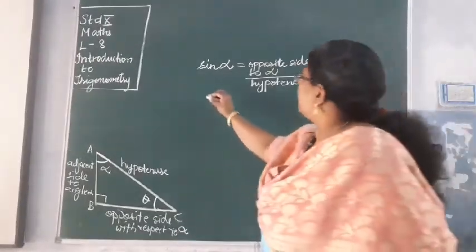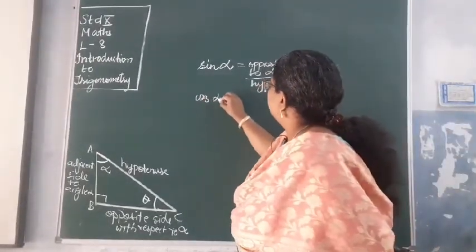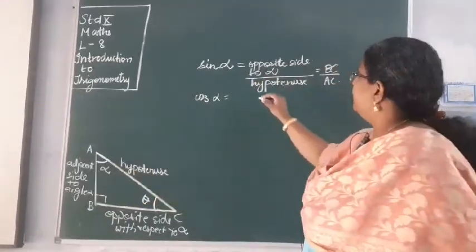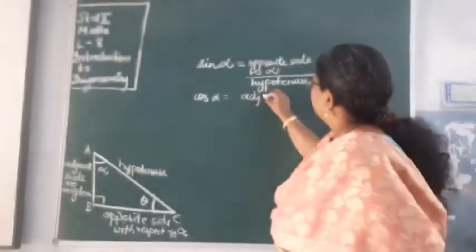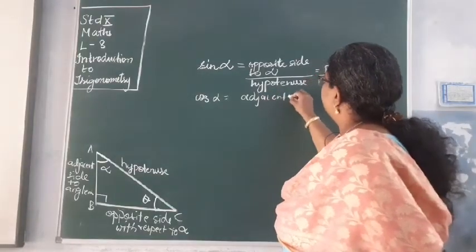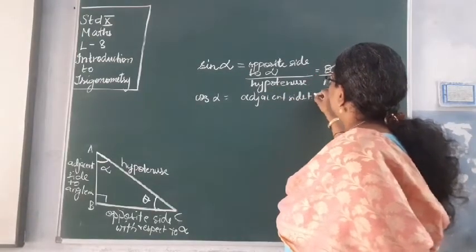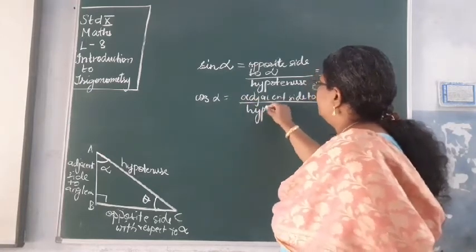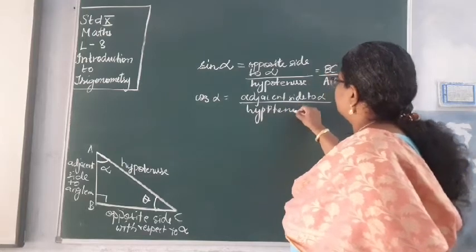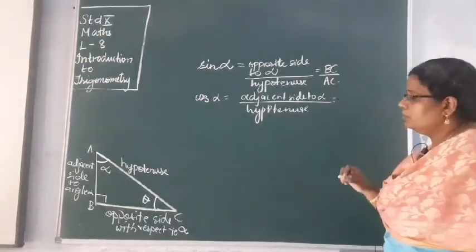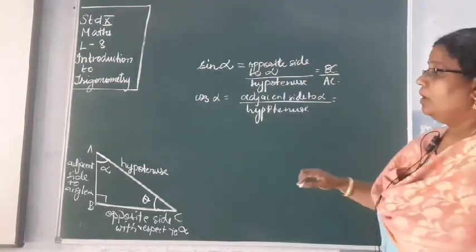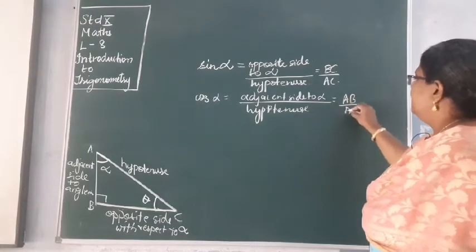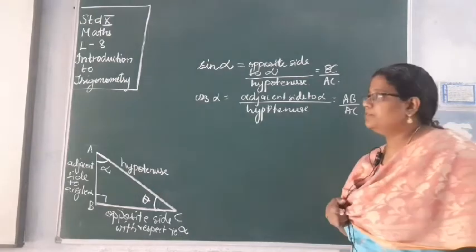Now tell me what is cos alpha? Cos alpha will be adjacent side to alpha upon hypotenuse. Adjacent side is AB, so that is AB by AC. You can represent it in this way.